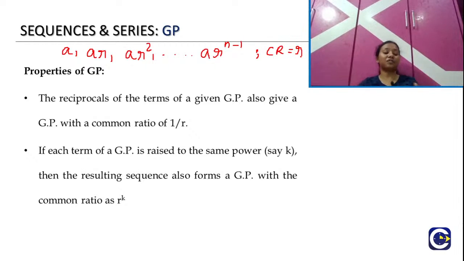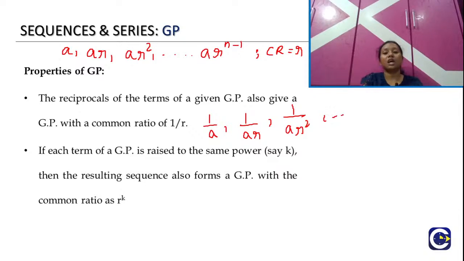Right. So if I take the reciprocal of all these terms, then my progression turns out to be 1 by a, 1 by ar, 1 by ar square, and so on, up to 1 by ar power n minus 1. This is my new geometric progression, resulting from taking the reciprocals of the terms in the above progression.